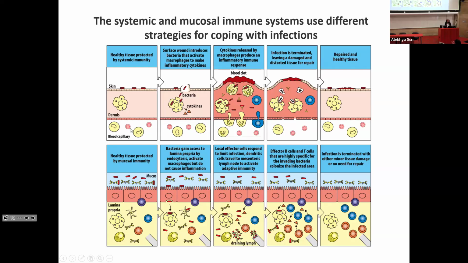For example, there's IgA present in these areas, and local effector cells are present continuously at the site of mucosal tissue to prevent infection from being established, because mucosal tissue is an area that's constantly exposed to pathogens, right? Like the respiratory tract, you're constantly exposed to pathogens. So the mucosal system is ready to prevent and get rid of the pathogens very rapidly.